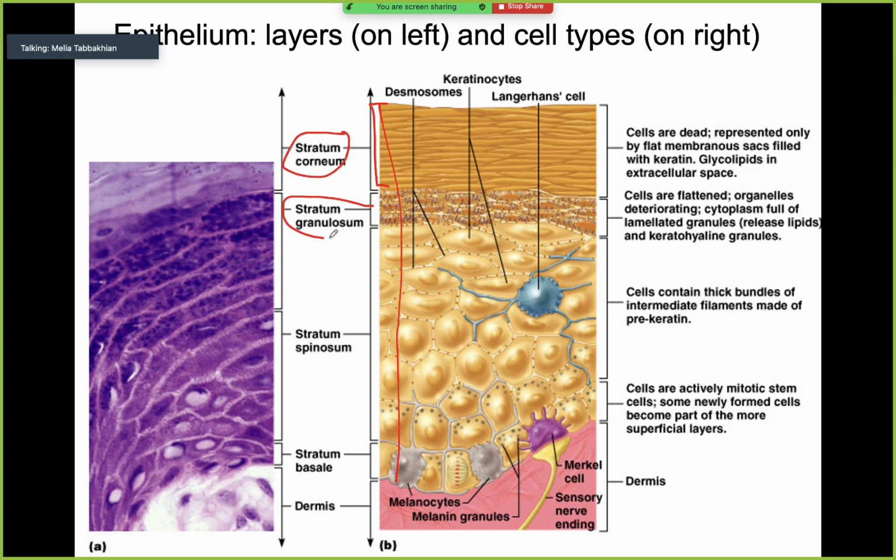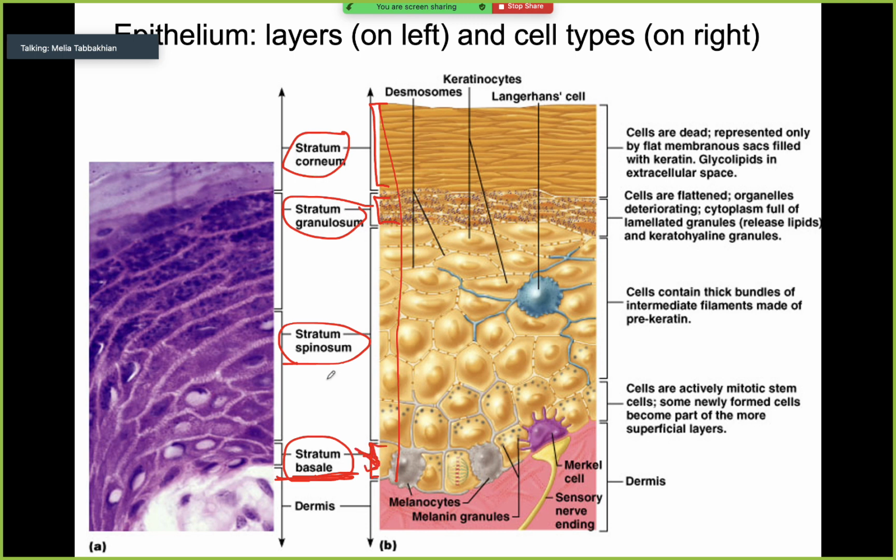Down below that is the stratum granulosum, and that's going to be this dark layer of granular-like tissue. Then stratum spinosum, and the last layer is called the stratum basale. To me, basal reminds me of base or basement, the bottom of something. So it makes sense that the bottommost layer of the epidermis is the stratum basale.